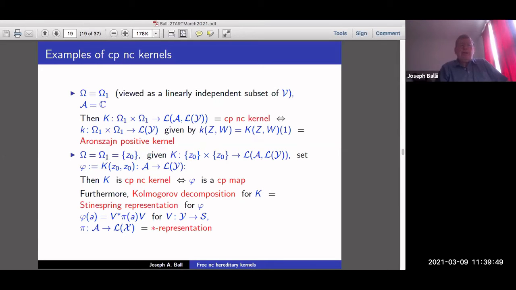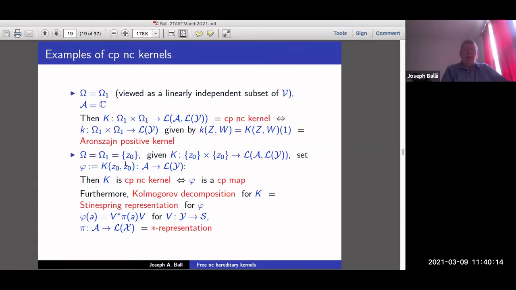On the other hand, suppose everything's at level 1, and furthermore, there's only one point. So K is only on one point, and you end up with an operator from the C-star algebra A into operators on Y. Then we set phi to this map, K evaluated at Z0, Z0.